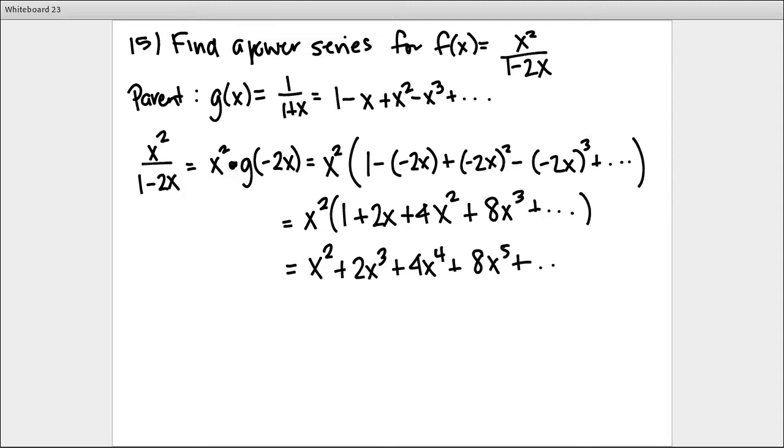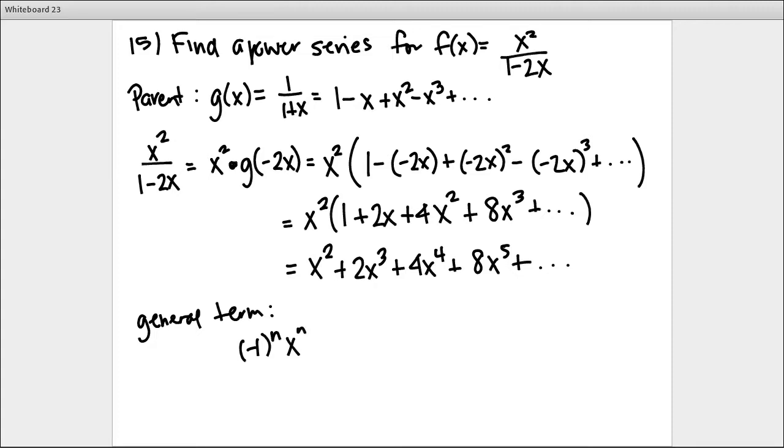all right, what's my general term? To get the general term, your general term for 1 over 1 plus x was negative 1 to the nth power x to the nth power.